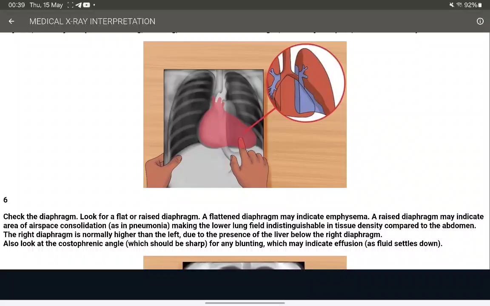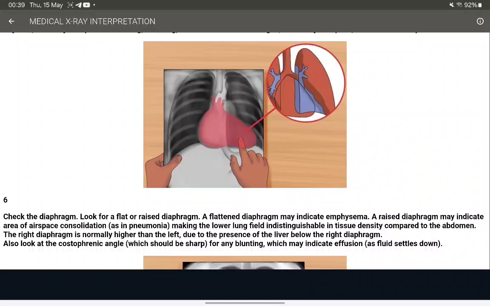The right diaphragm is normally higher than the left diaphragm by almost 1 centimeter due to the presence of the liver below the right diaphragm. Also look at the costophrenic angles on both sides of the chest X-ray, which should be sharp. From its name, costophrenic: phrenic stands for diaphragm, costo for the costal ribs.